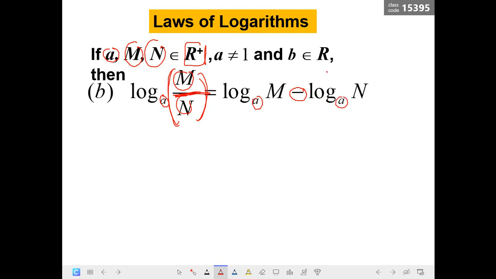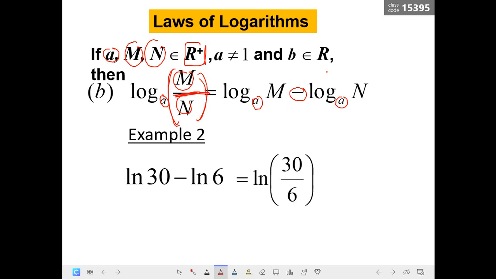Example: given that ln means log base e, ln 30 minus ln 6 can be simplified using the law to ln of 30 over 6. 30 over 6 is equal to 5. So the answer is ln 5.